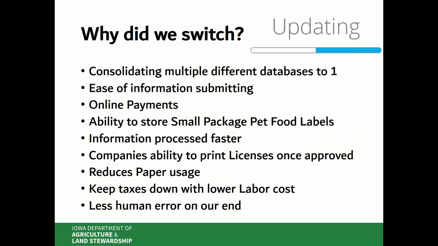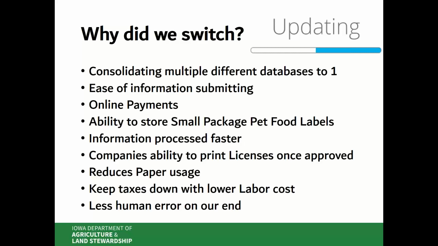So why did we switch to this online portal? It consolidated multiple different databases into one. I think we had 5 databases that we've used for a variety of things, and we consolidated and were able to get it all into one database. It has also created an ease for information submitting on your guys' end, and also online payments. It also gives us the ability to store small package pet food labels, unlike before when we had to do it with a filing cabinet.